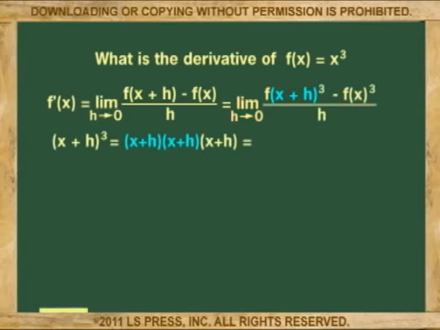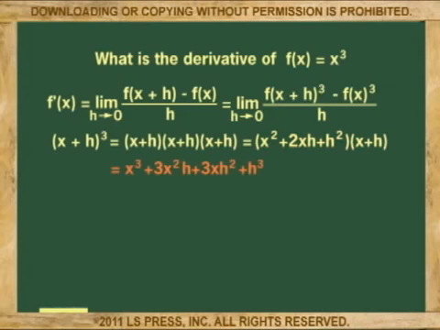We multiply x plus h by itself once and get x squared plus 2xh plus h squared. We do it again because it is cubed and get x cubed plus 3x squared h plus 3xh squared plus h cubed.